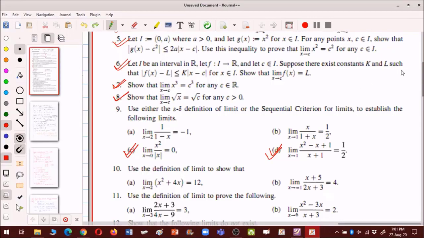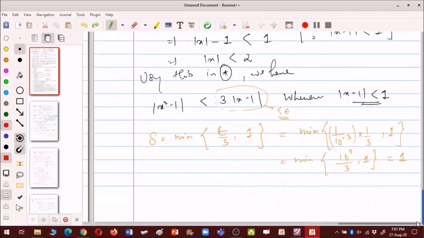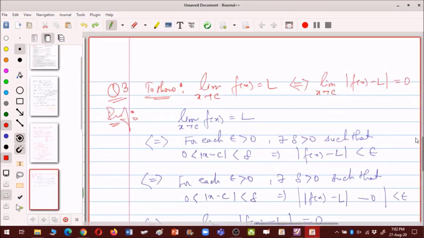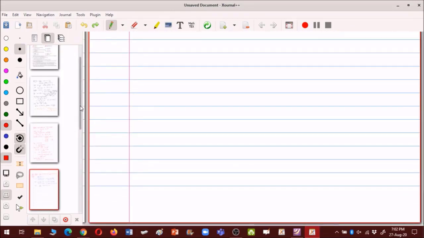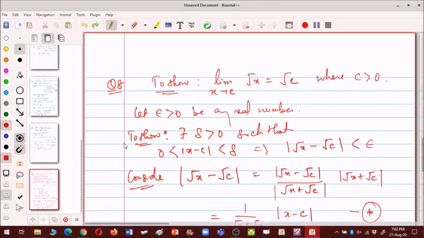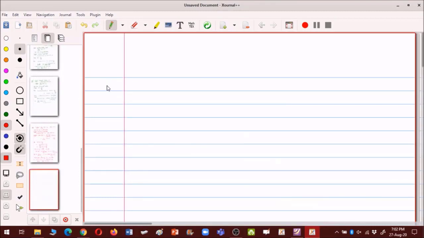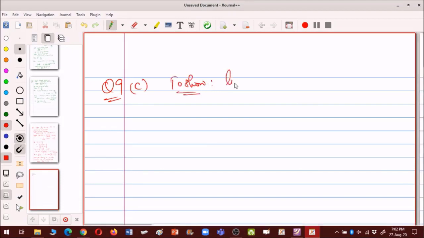So first let us start with question number 9, C part, to show limit x tends to 0, x square by mod x is equal to 0.